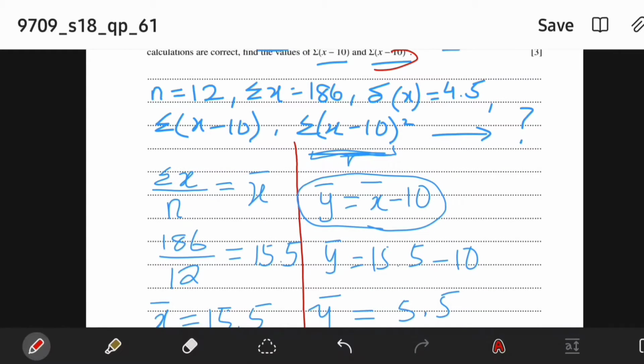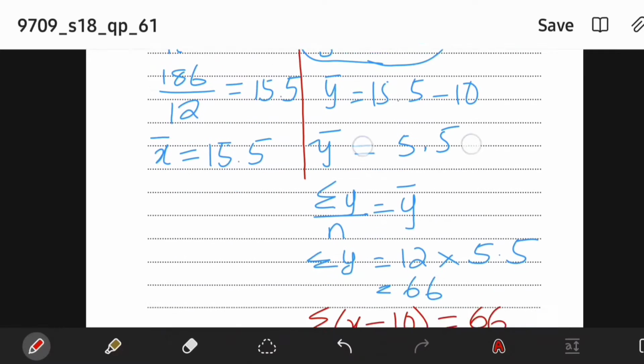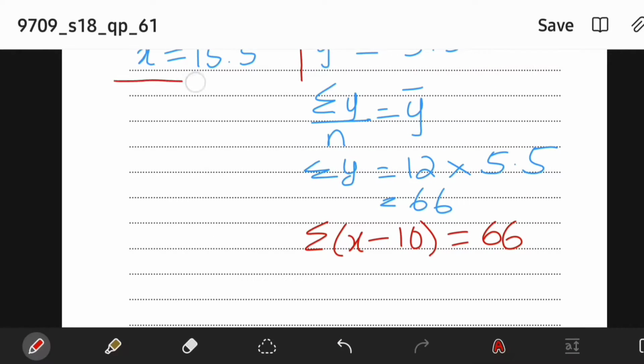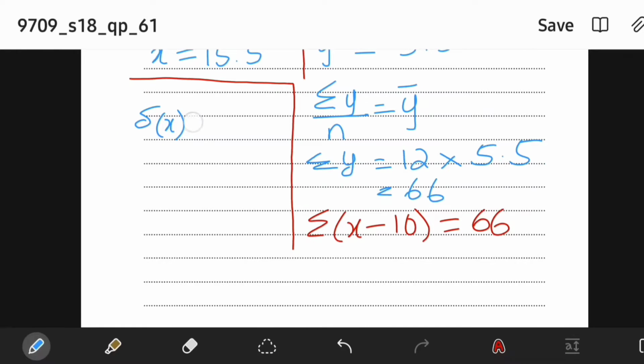Now we can use this information right here, that the standard deviation of x is 4.5. So one thing we know for sure is that standard deviation of x is equal to standard deviation of y.